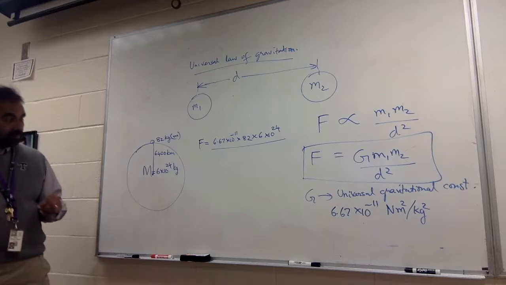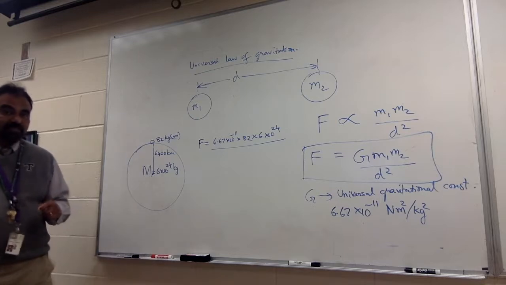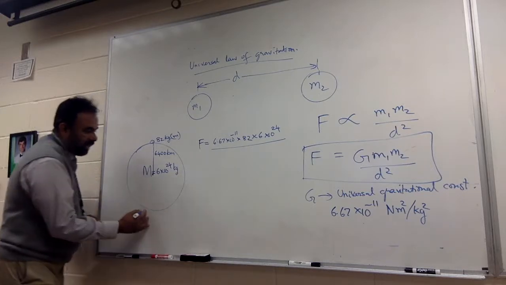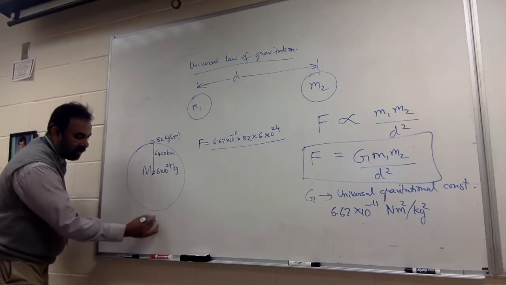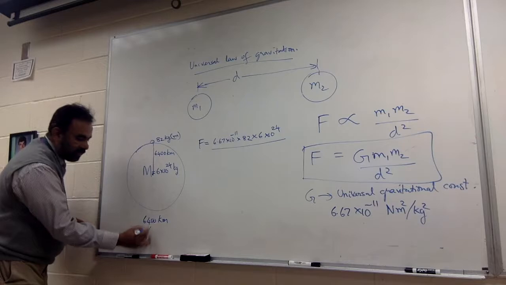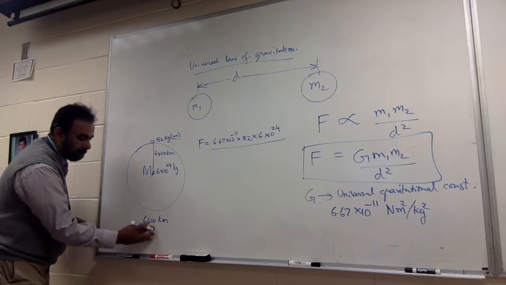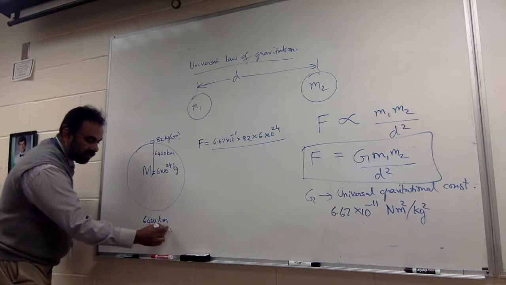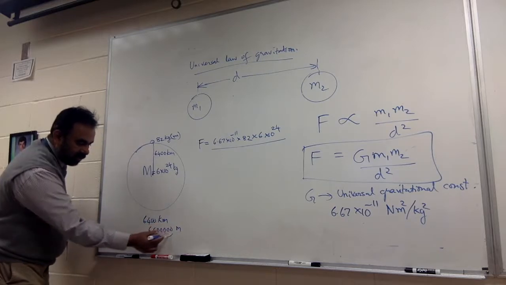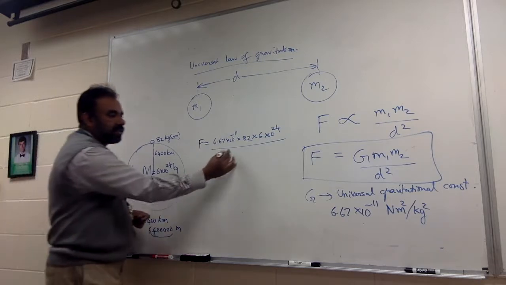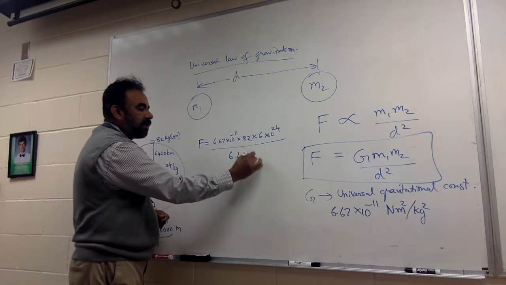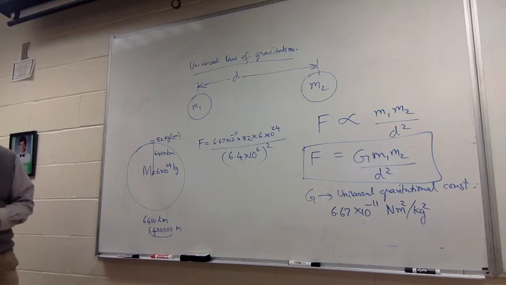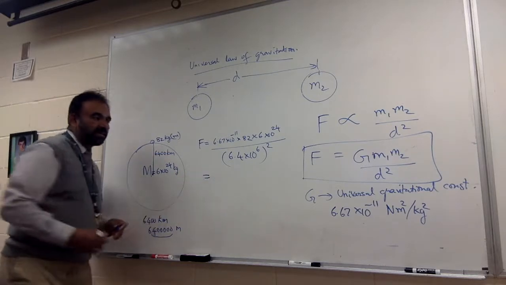So 6,400 kilometers is 6,400,000 meters, which is what? 6.4 times 10 power of 6. But don't forget to square. Yeah, work that out and tell me what answer you get.